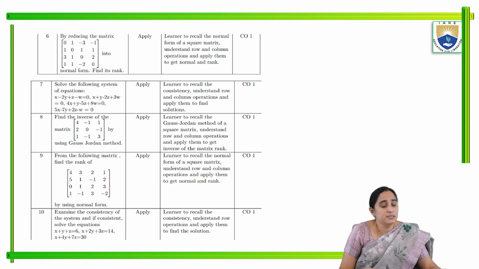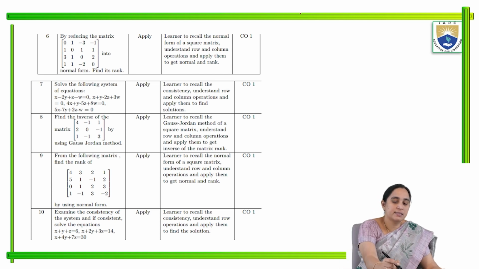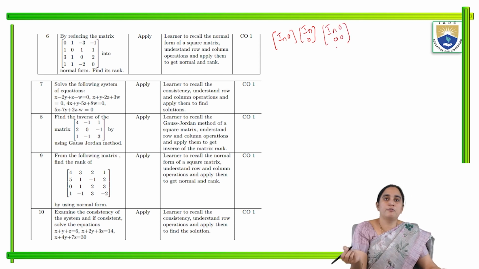Next, same as the sixth question: by reducing the matrix [0, 1, -3, -1; 1, 0, 1, 1; 3, 1, 0, 2; 1, 1, -2, 0] into normal form, find its rank. What is the concept of normal form? Reduce the matrix to identity, either in the form I_n, or I_n with zeros.